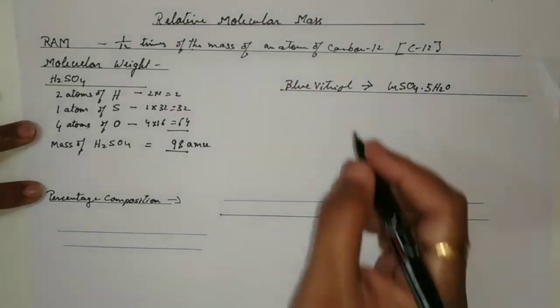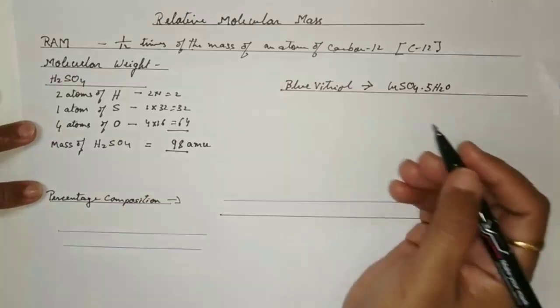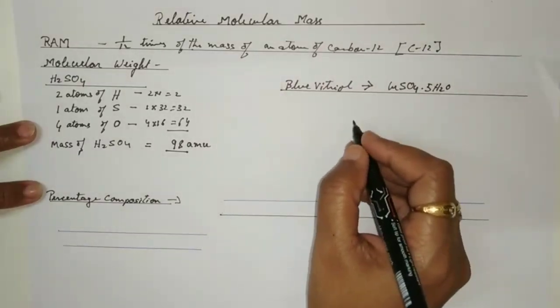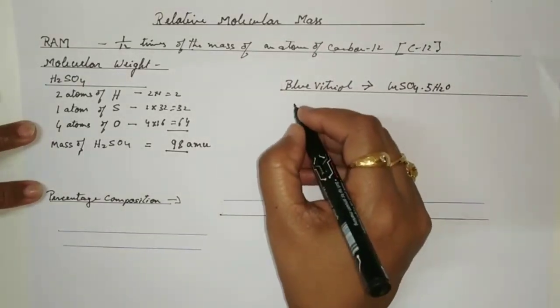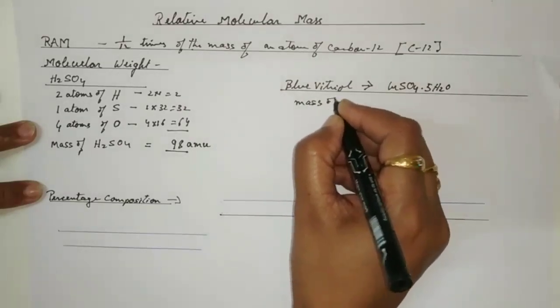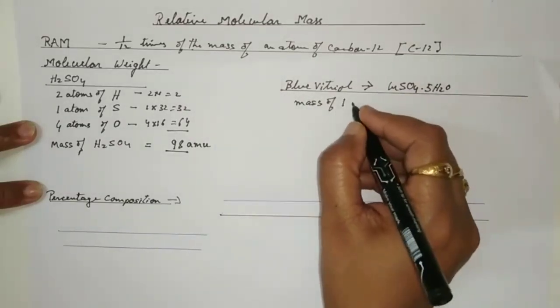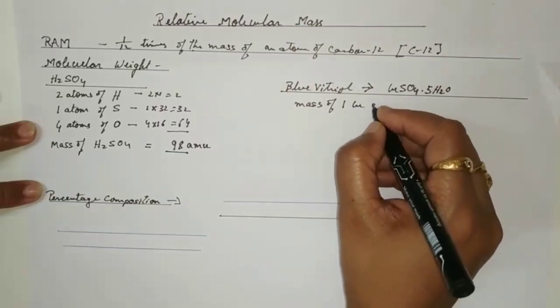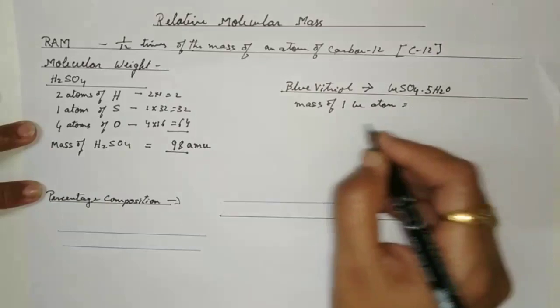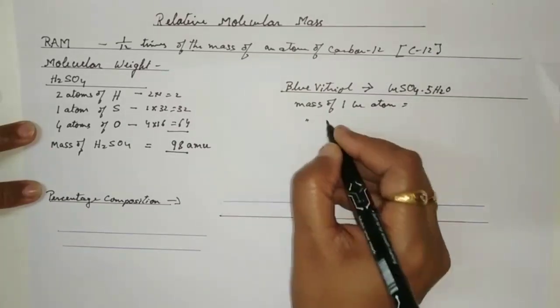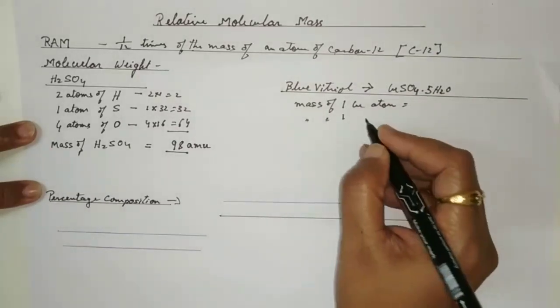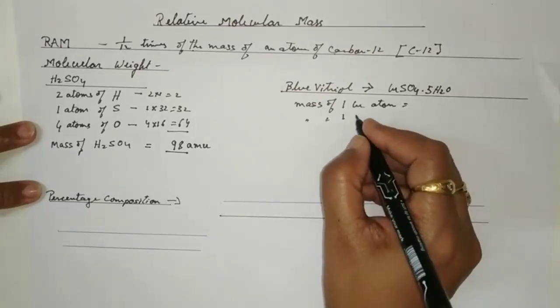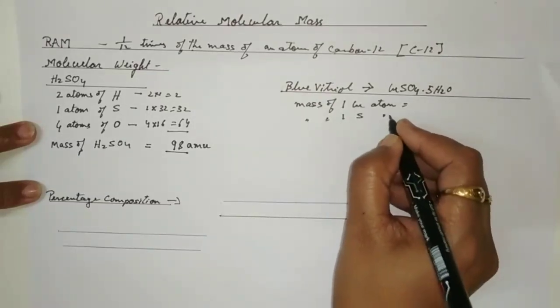As I said, the first work is to check how many atoms are there and their masses. So the mass of one copper atom, mass of one sulfur atom.